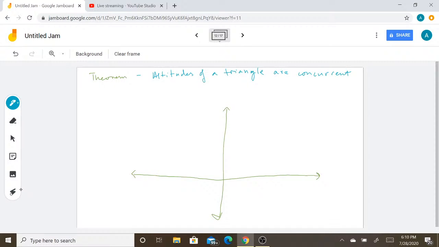What this means is that they intersect at one point. That's what concurrent means. So if we have a triangle, say, on a coordinate plane that looks something like this, with a point on the x-axis and on the right side of the x-axis.